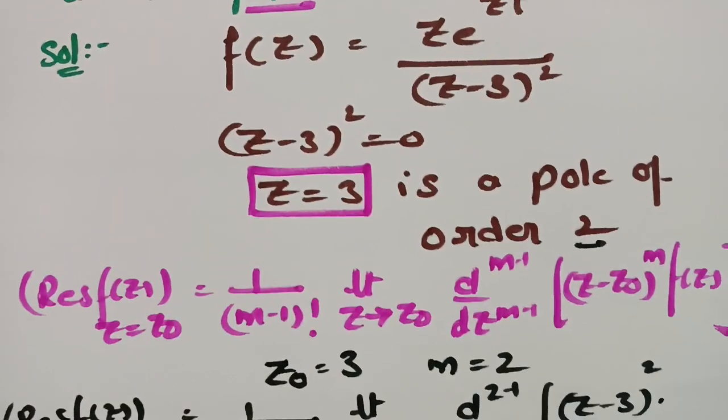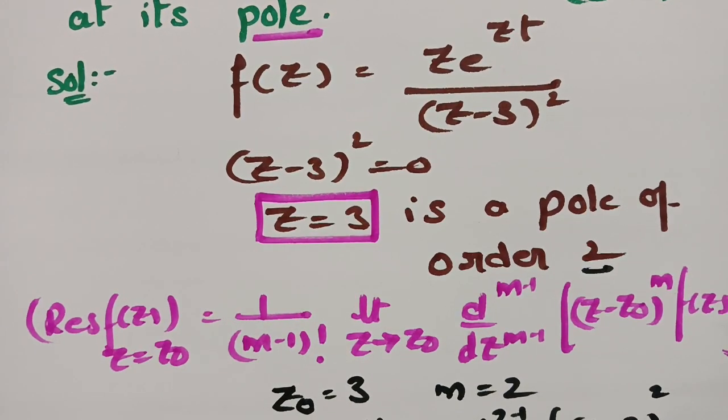So what is our f(z)? f(z) is z e^(zt) / (z-3)^2.